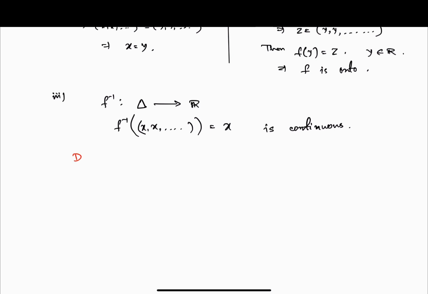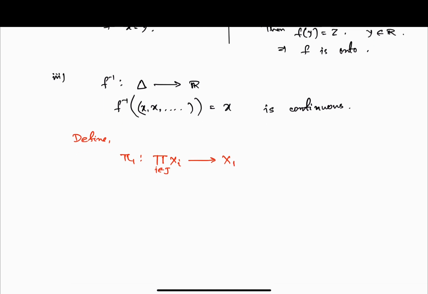Let pi 1 be the projection from the product of X i, i in the index set, to X1, with the product topology.